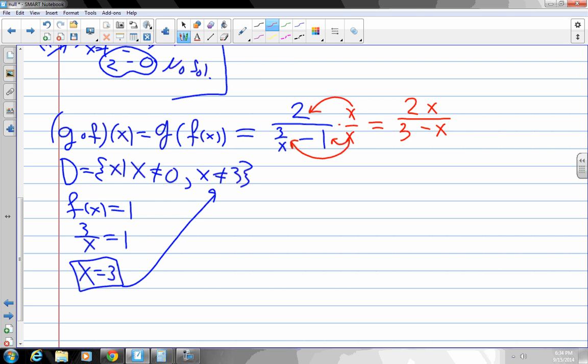So you see that 3 is a problem for that function anyways, right? If x equals 3, it's 0 in the denominator, but we already excluded 3. So how's that? Good? Any questions?